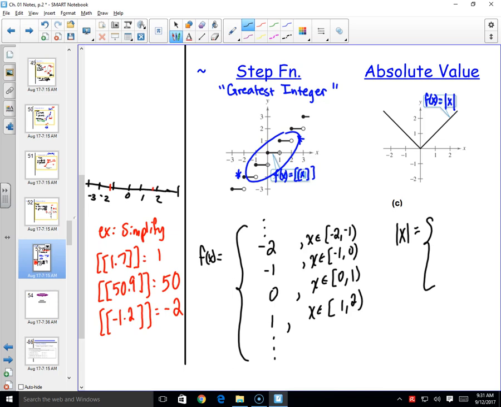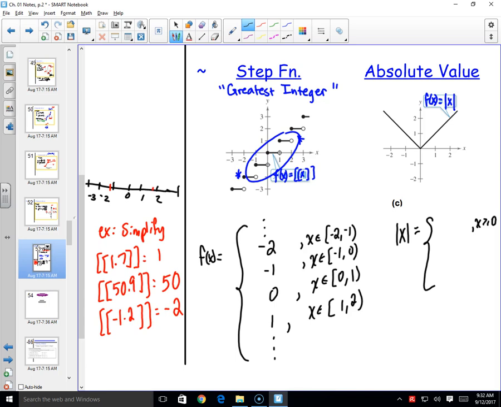And you guys know this. Because if the x's are greater than, or I could even say equal to 0. What kind of numbers are greater than or equal to 0? Positive. If you plug in a positive, you can tell me in words. Plug in a positive, what do you get out? Okay, let's change that a little bit. You put in a positive and you get the same thing out, right?